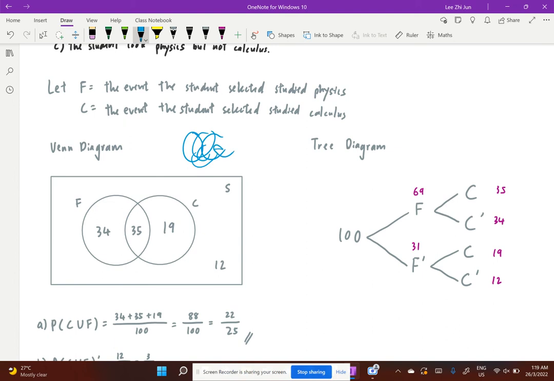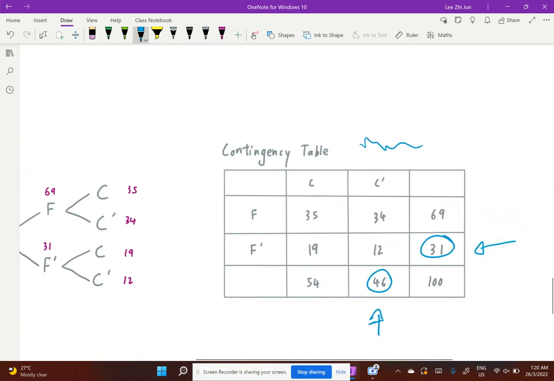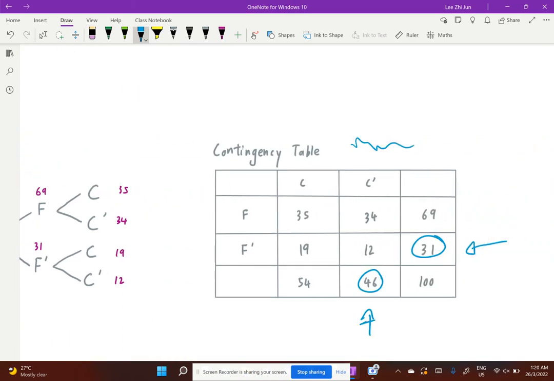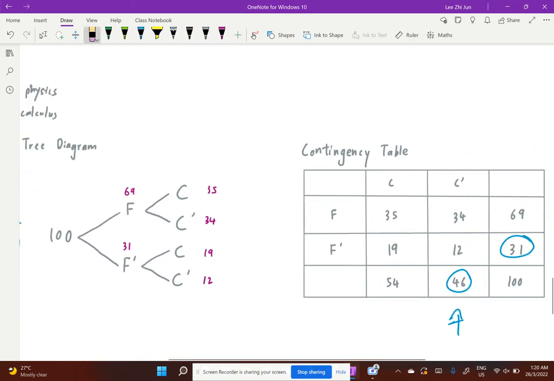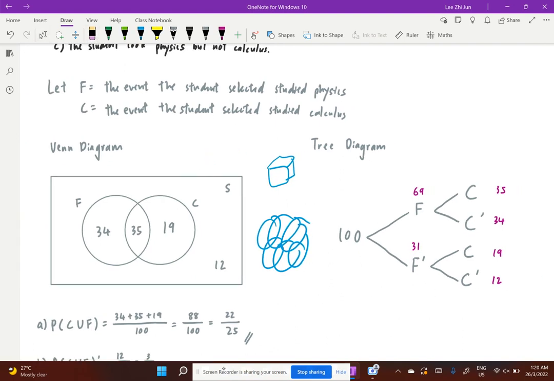For example, for the dice question, which probability likes to use, you cannot draw six circles like this, right? So the contingency table is most suitable for calculating the dice question. So it depends on the question.